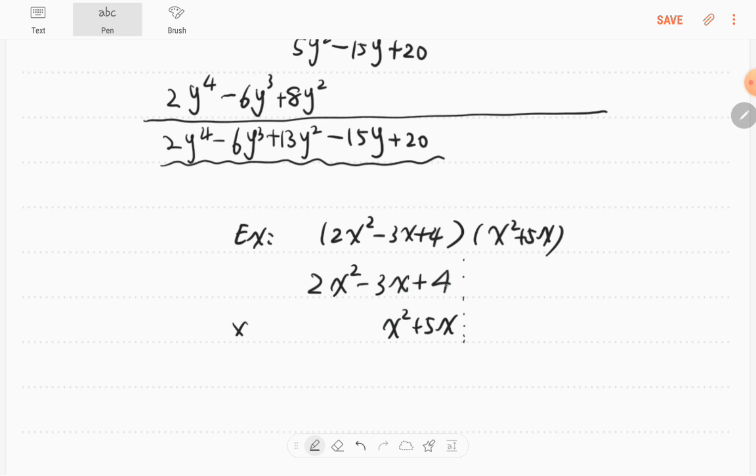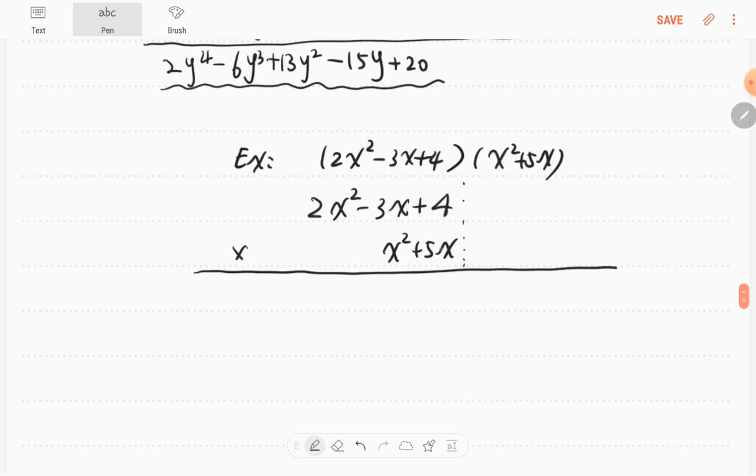See here? This column, this number is 4, and this one below 4 is 5x. They are not like terms. So for the question, there's no such rule that you need to line up the like term.